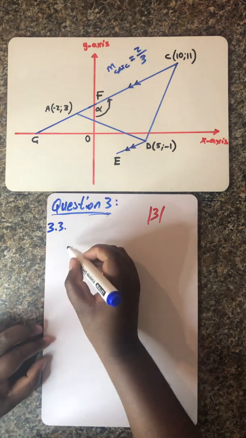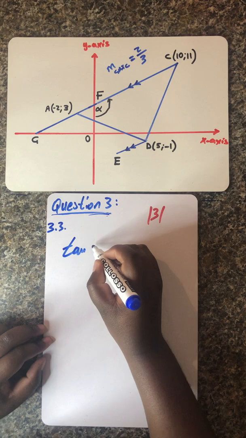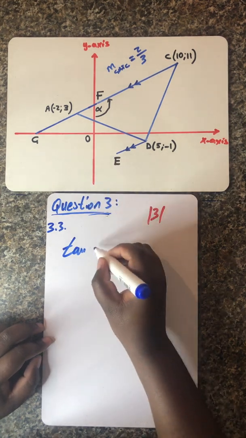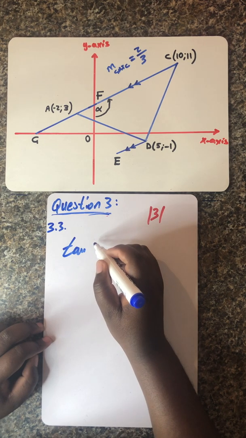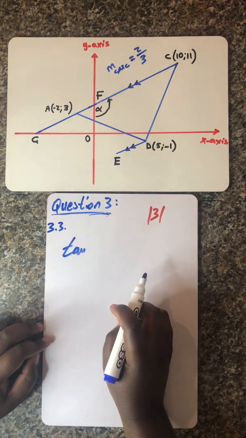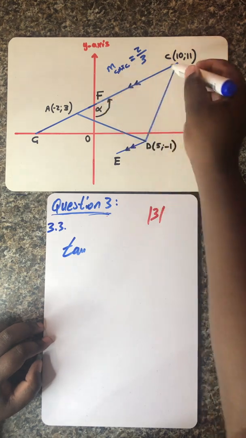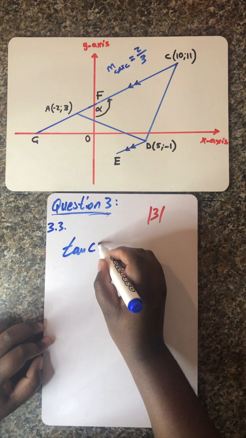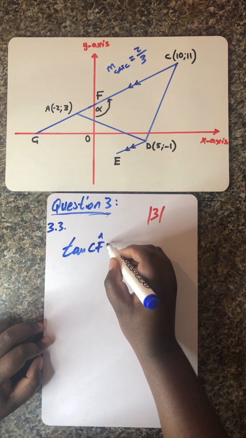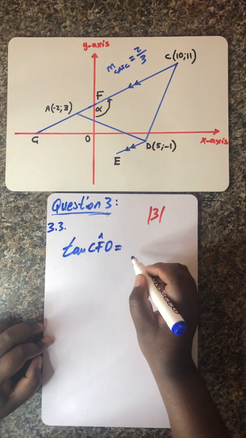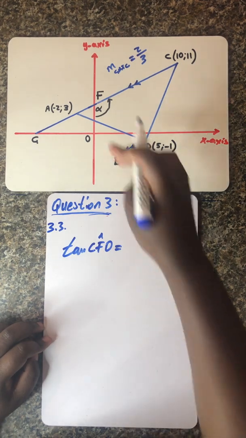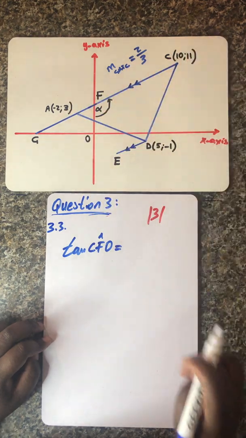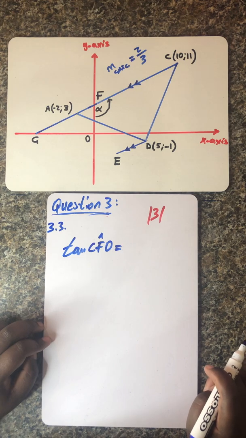So ladies and gentlemen, we know that the tan of that alpha, which is actually the tan of the angle formed between these two lines, let me just say angle CF and O, it equals, obviously, ladies and gentlemen, we know the line AC, we know the gradient of that line, isn't it?